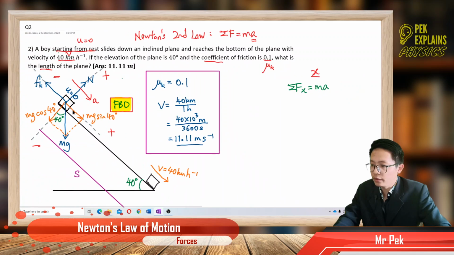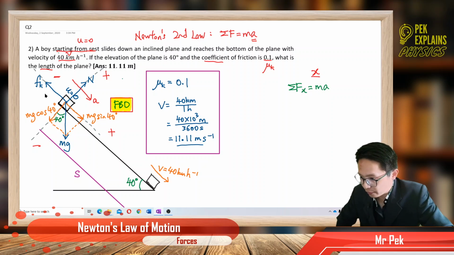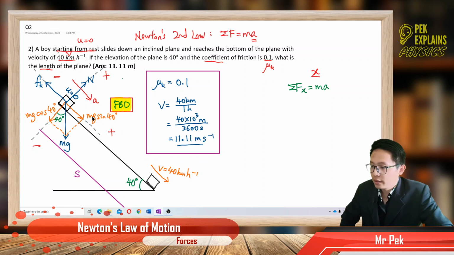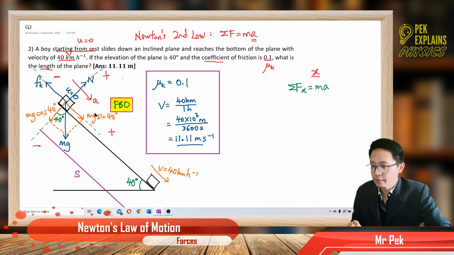First of all, for the x component, what values do we have? We have mg sine 40 and the friction, these two forces only. The mg sine 40 is positive because it follows the acceleration, and the friction is negative because it is opposite to the acceleration.